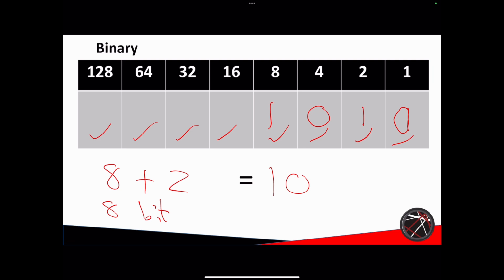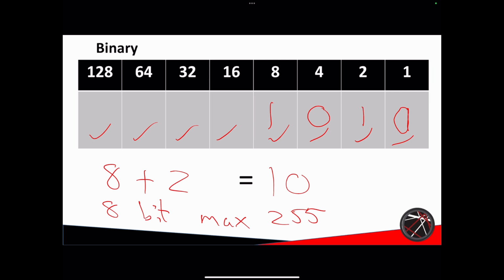Within 8-bit binary, our maximum is 255 that we can represent. And obviously what we would then need to do is increase the bit number. So generally speaking, we would double it and therefore would move to a 16-bit scenario.